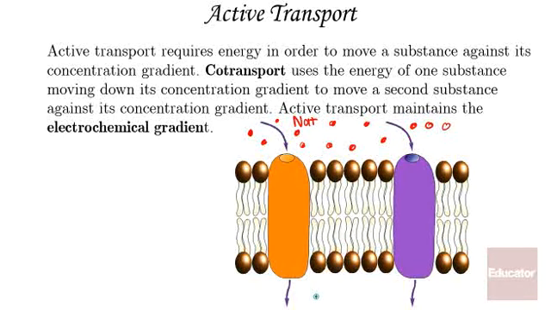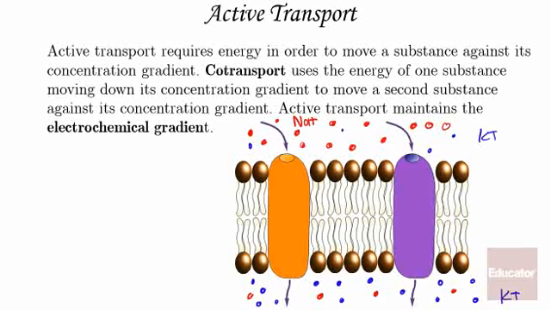There's a relatively low concentration of sodium inside the cell. Potassium is the opposite situation. There's a relatively high concentration of potassium within the cell and a relatively low concentration outside the cell.